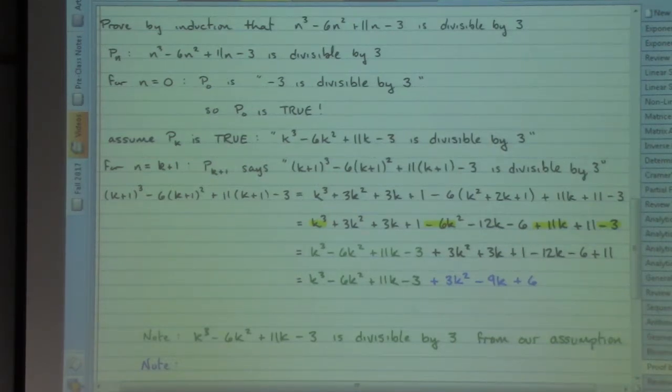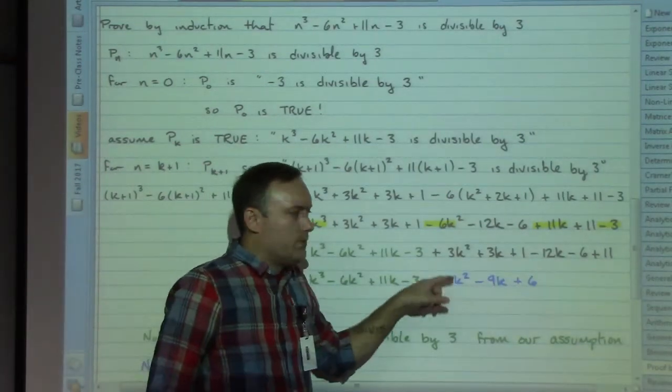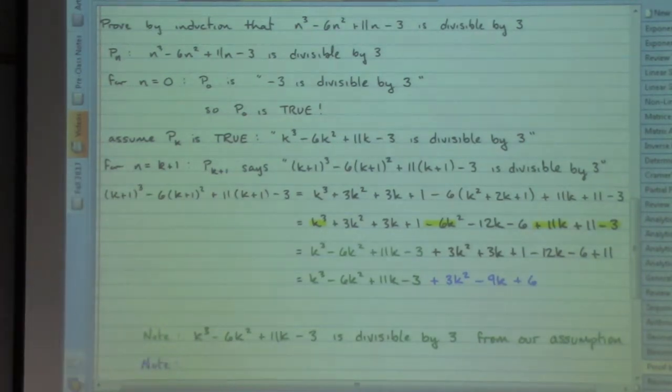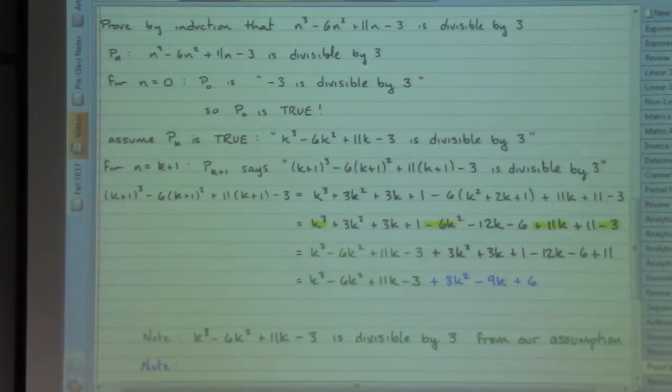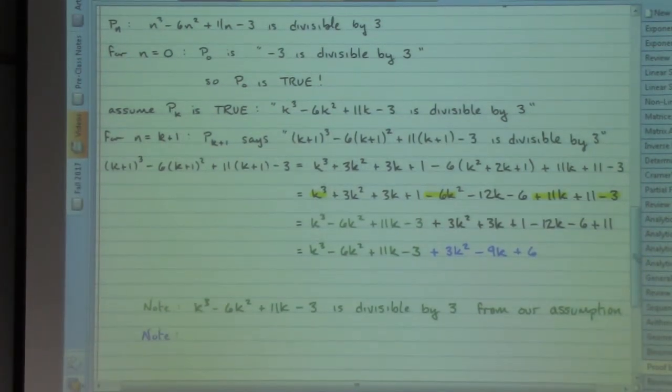Well, since the green part is divisible by 3, if the blue part is divisible by 3, then the whole shebang is divisible by 3. So if we make a little separate note here about the blue stuff, 3k squared minus 9k plus 6 is divisible by 3.